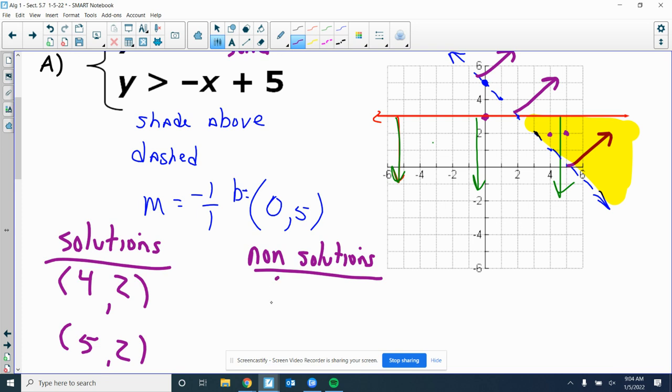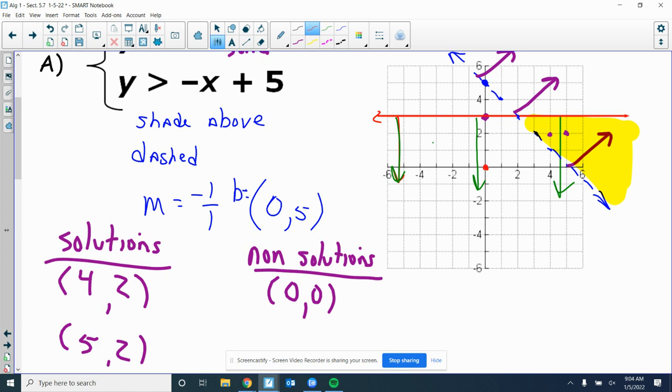Guys, and this is just me, I always find 0, 0. 0, 0 is so easy to see whether it is or is not a solution. In this case, 0, 0 is not one, right? I'm going to use that all the time. It's just easy to see. Somebody give me another point out of the solution.